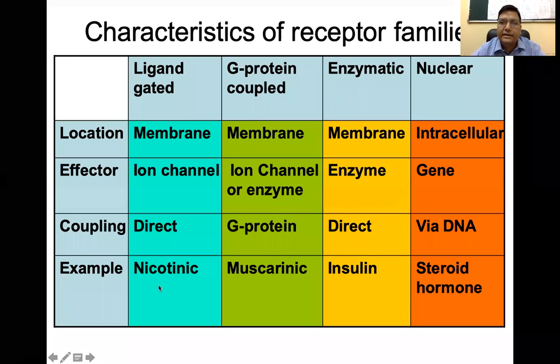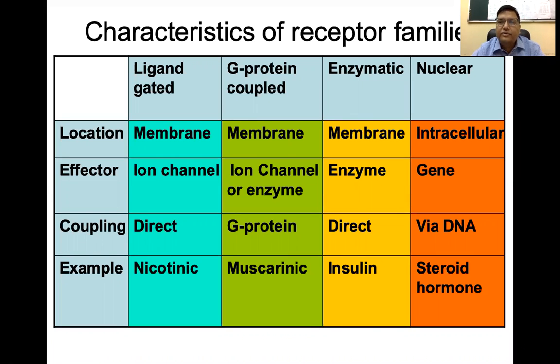Example is the nicotinic receptor, which I have shown you, where acetylcholine was directly binding with the nicotinic receptors, and there is influx of sodium. So that type of receptors are known as ligand-gated ion channels. Then in the G protein coupled receptors, G is GTP activated protein.